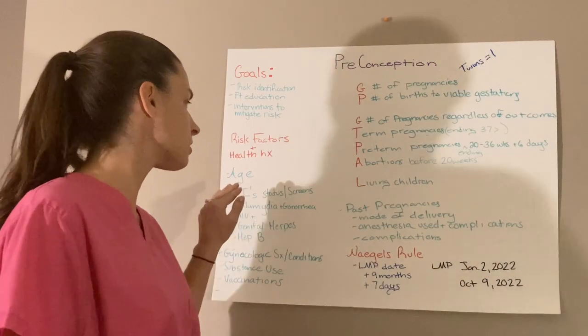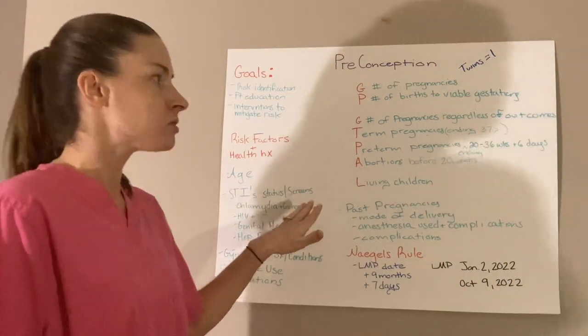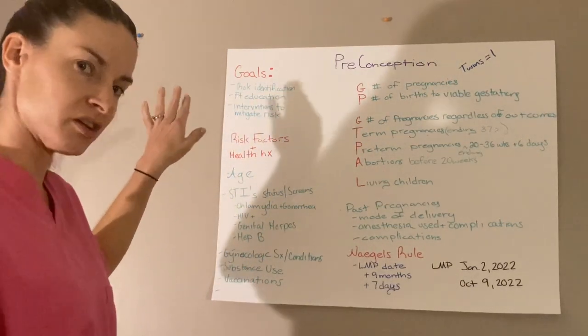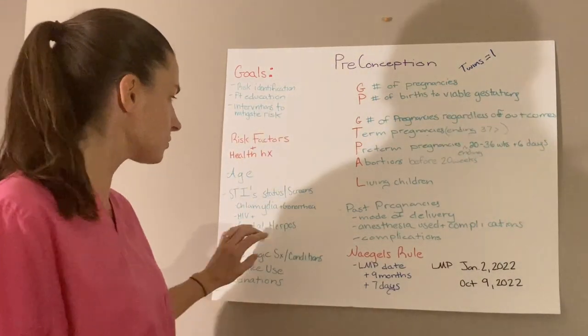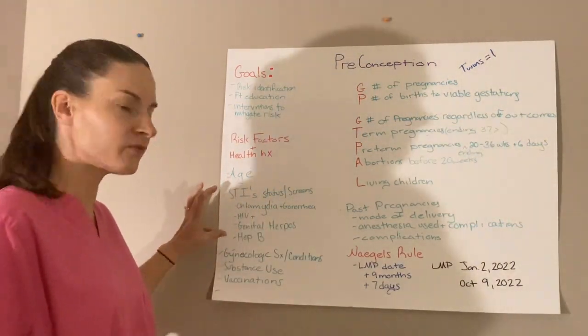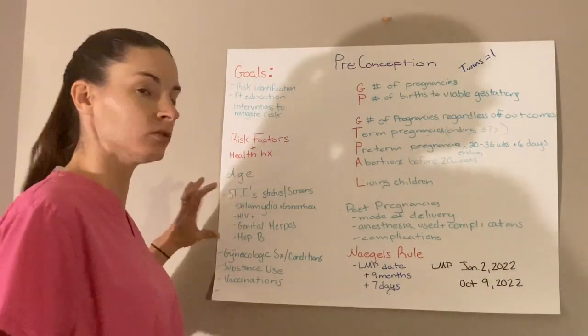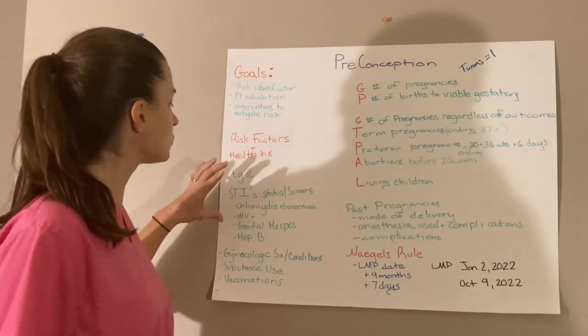STIs: STI status and STI screening. That is another part of risk factor identification and mitigating risk. We want to educate on how to stay safe from these STIs, especially when we're dealing with adolescents. And we also want to check their status.